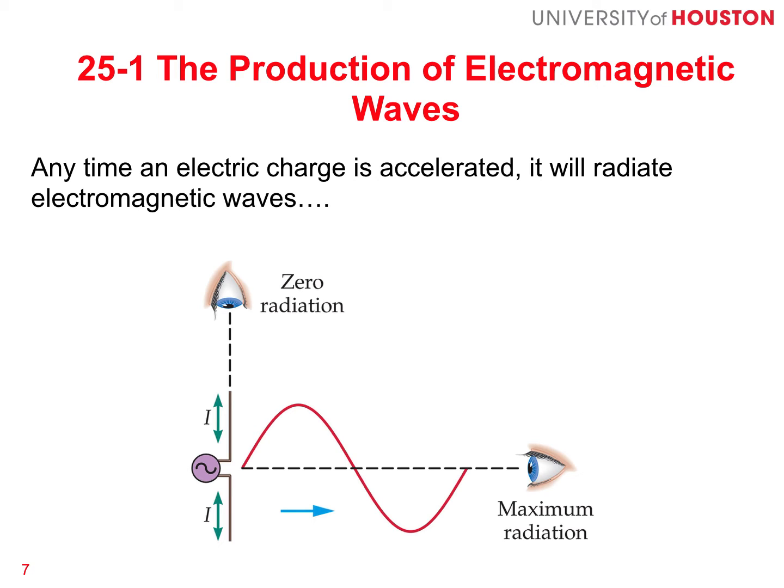We have an example on the bottom where the maximum of the radiation will be perpendicular to the movement of the current, and the minimum of the radiation will be parallel to the direction of the current. Essentially, where there is zero radiation, the charge does not appear to be oscillating, it appears to be in the same place, and that's why there is zero radiation. When one is perpendicular, the oscillation appears maximum.